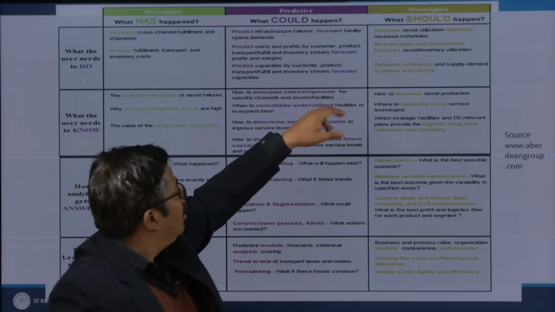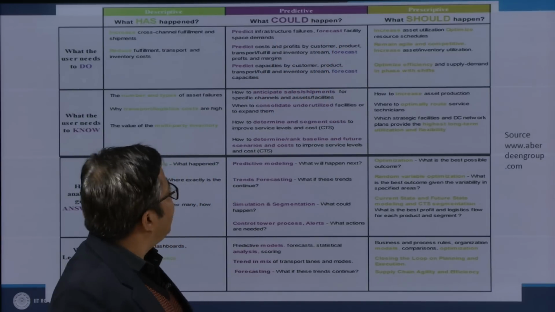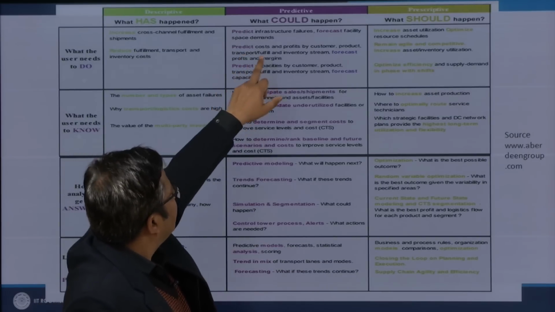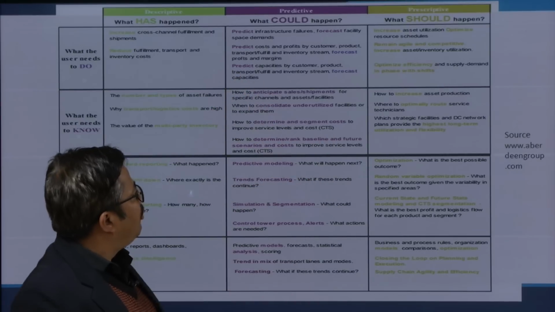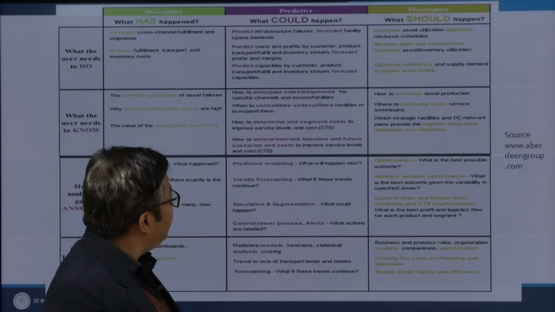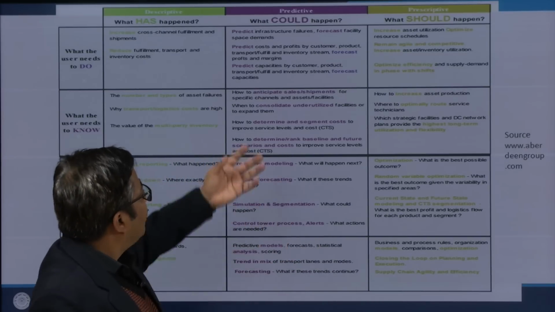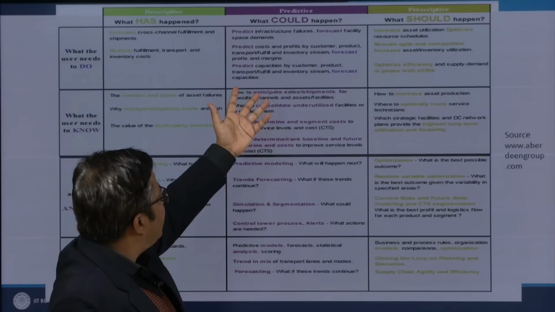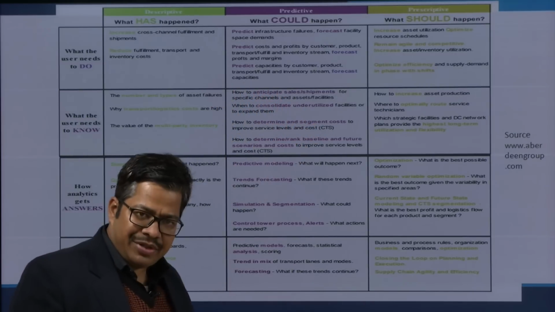User wants to know about the forecasting related to space and facility demands. User wants to predict cost and profits by customer, product transportation fulfillment, inventory stream, forecasting related to profit and margins. User also wants to predict capacities by customer, product transport, fulfillment, inventory stream and forecast capacities.